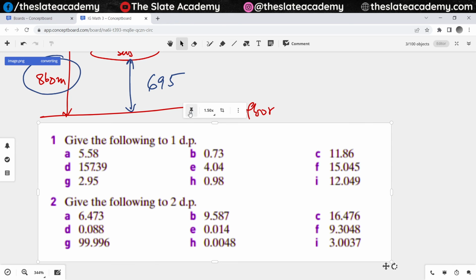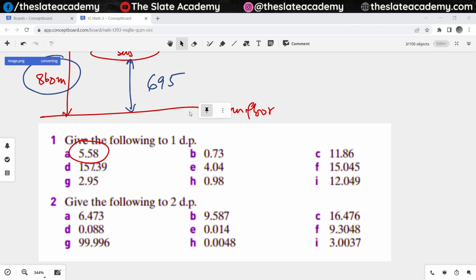This is the question, and we have to round the values to one decimal place. It means after the decimal we are allowed to have one figure. I'll do the first one, and the remaining you can do as homework. The first one is 5.58.